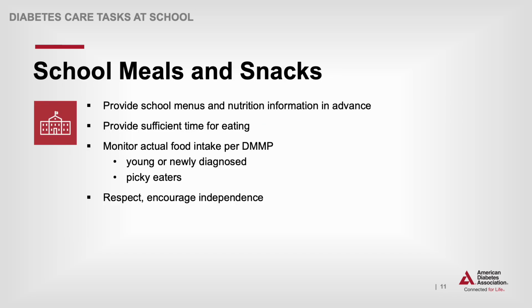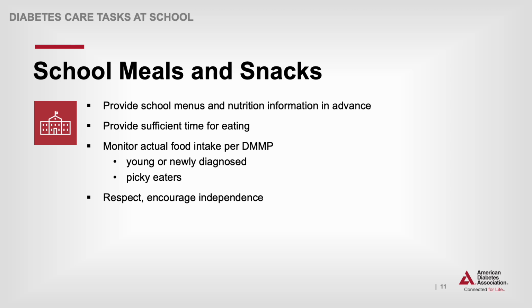Some students will need assistance in the school lunchroom. Others will not. All students and their families should be provided with school menus and nutritional information in advance. If a staff member is assisting the student in making food choices, he or she also needs to be provided with the menu and nutritional information.